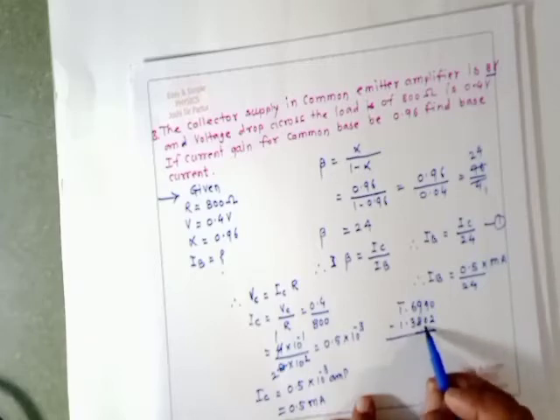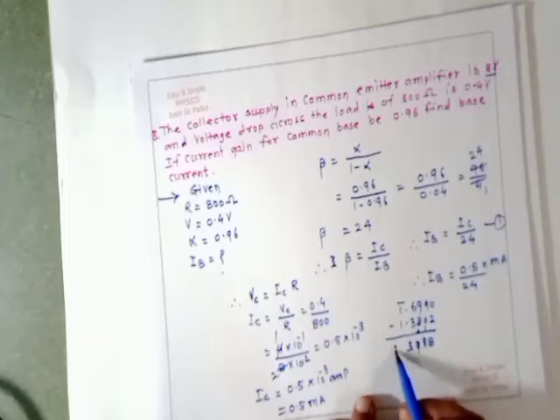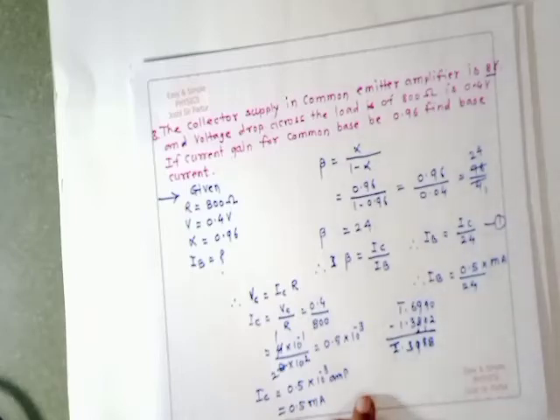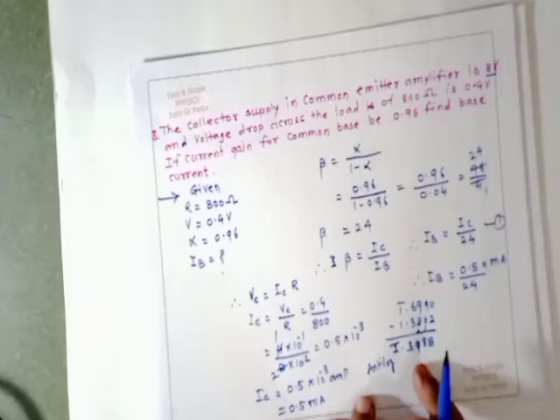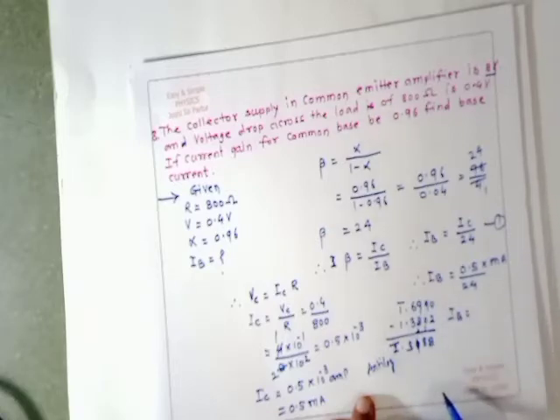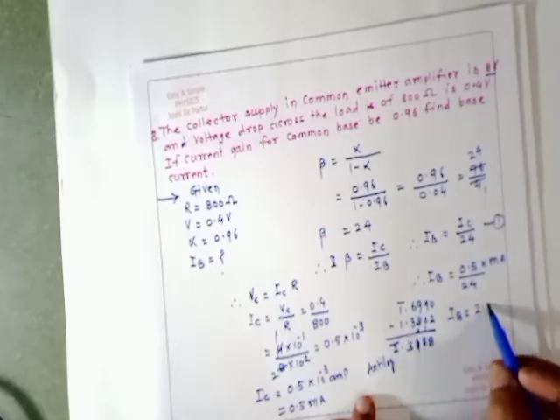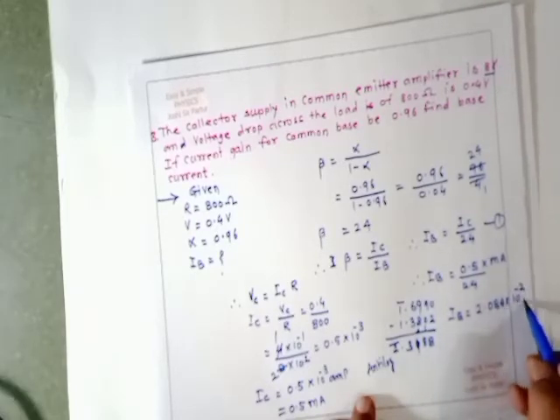Subtracting, 8, 8, 0, 1, 3, bar 2. That will be bar 2. So here the antilog of 0.39 is 0.3188. So the base current will be 2.084 into 10 to the power minus 2 milliampere.